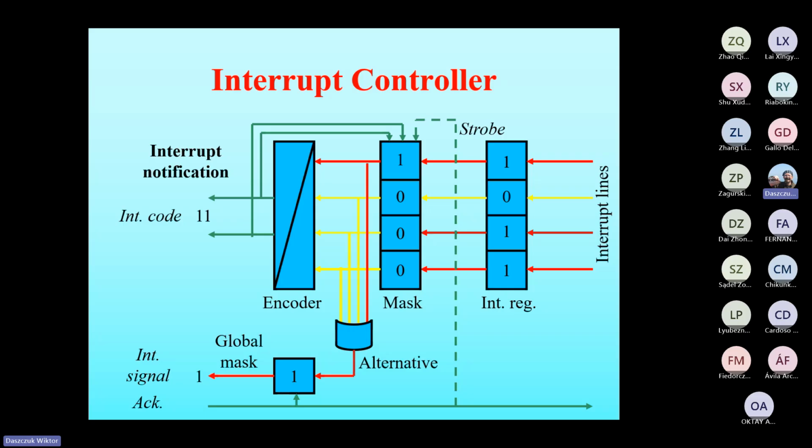So it comes through the mask, and now the encoder sends to the processor the code 11, and interrupt signal on the interrupt line. Again, when the acknowledgement comes, it clears the global mask, and now all interrupts are disabled except those with higher priority than the one that was accepted, and all with lower priorities are masked.